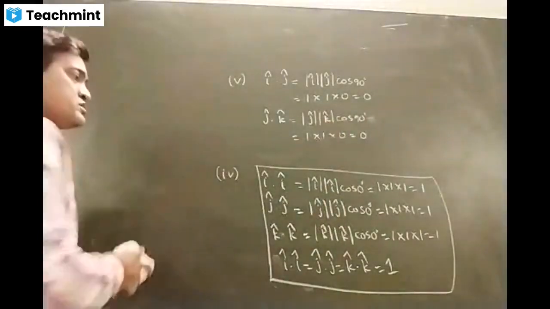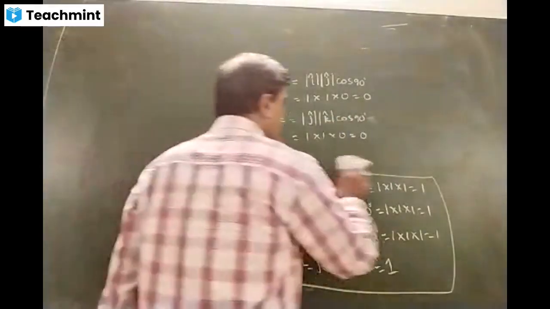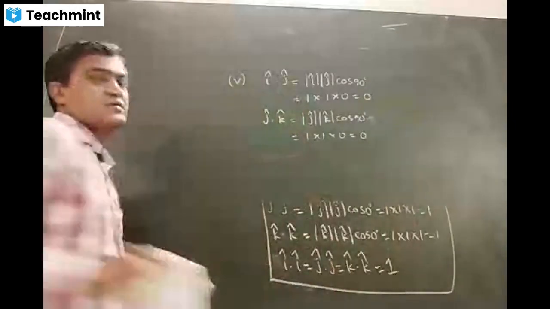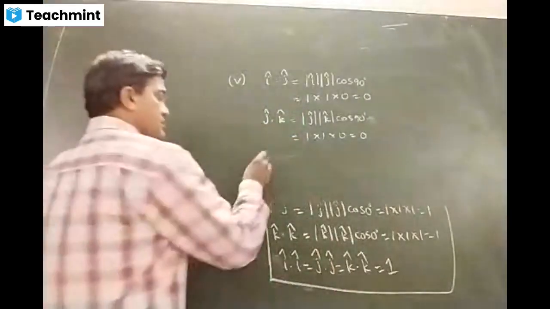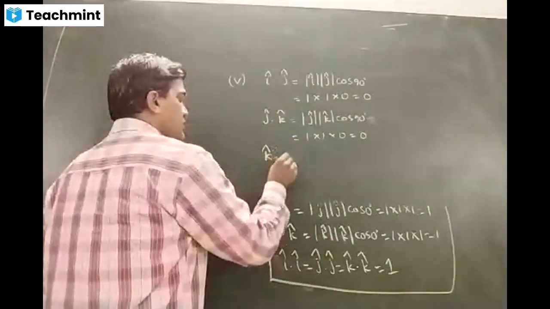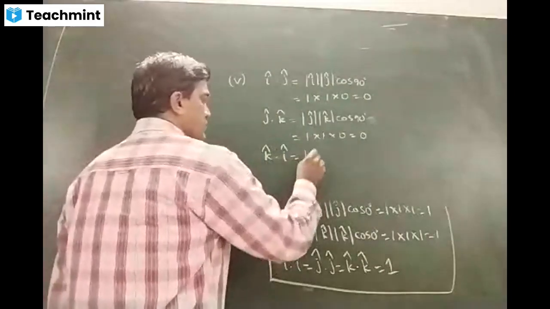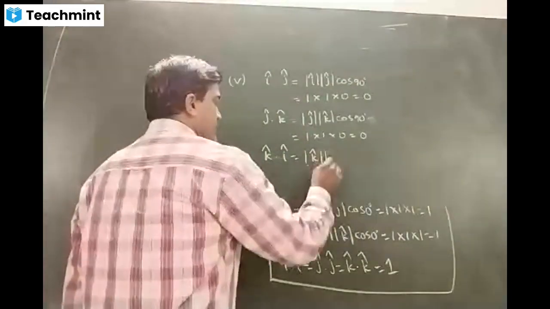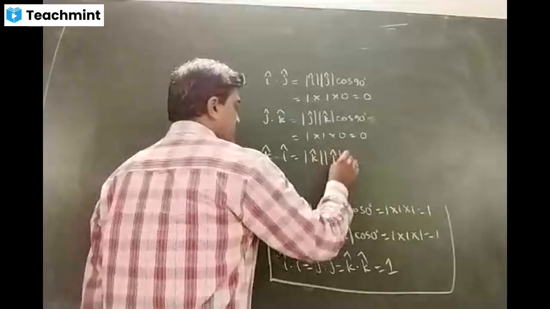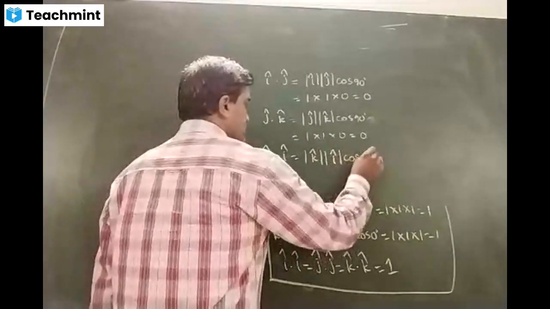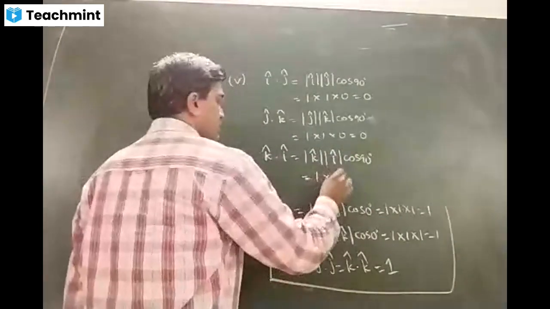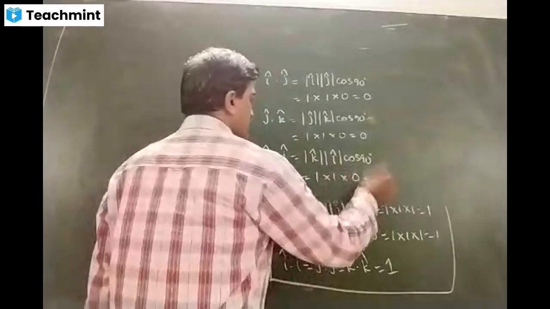Now if I ask you the dot product between K cap and I cap: K cap dot I cap is equal to modulus of K cap into modulus of I cap into cos 90 degrees, which comes out to be 1 into 1 into 0 is equal to 0.